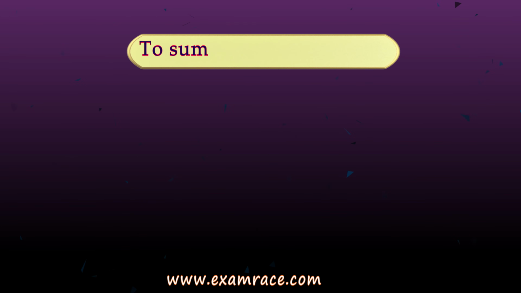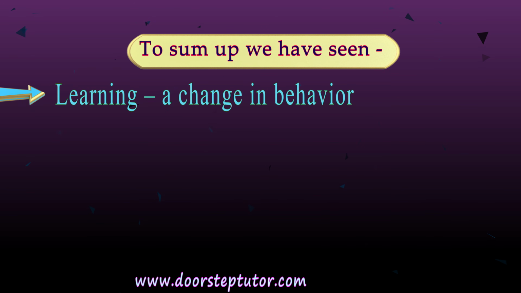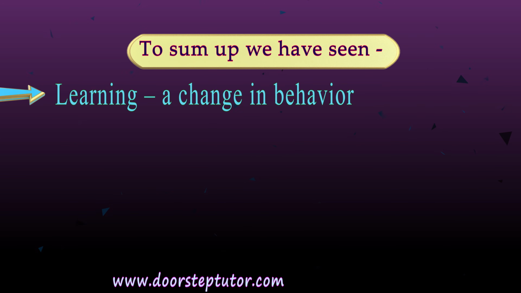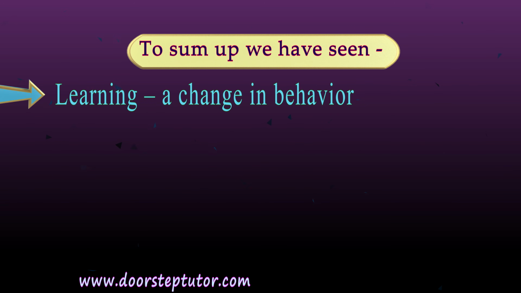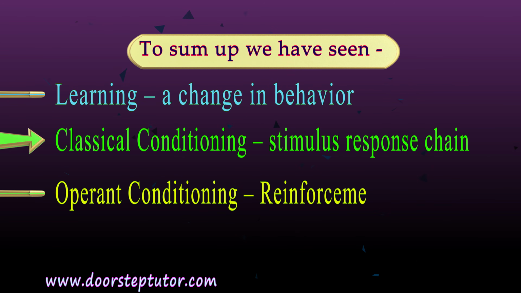In this video, we have discussed the concept of learning as given by behaviorism. Under behaviorism, learning has been explained as a change in behavior of an organism through a conditioning process that occurs between a stimulus and a response, as we have seen. We have seen classical conditioning and operant conditioning.